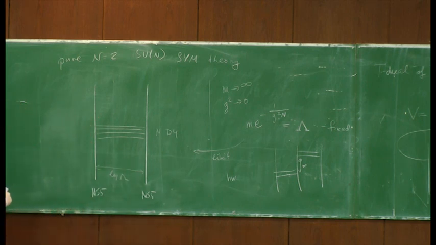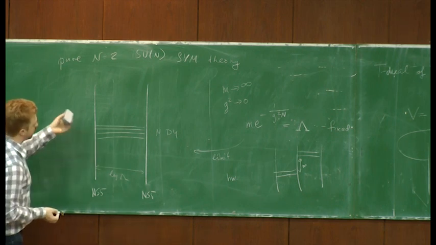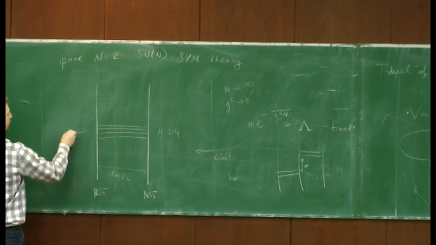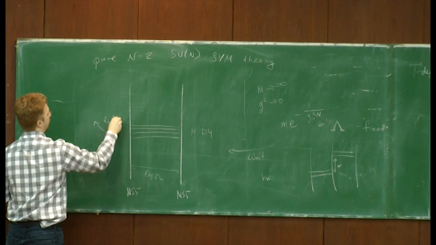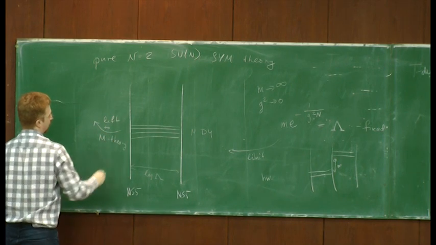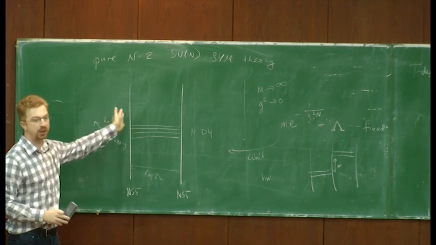And that's sometimes a non-trivial job. But one instance of this construction is the famous approach of Witten, where you lift this picture to M theory. By lifting I mean just trying to understand what this picture means in M theory.